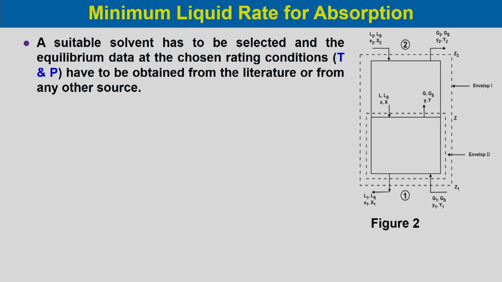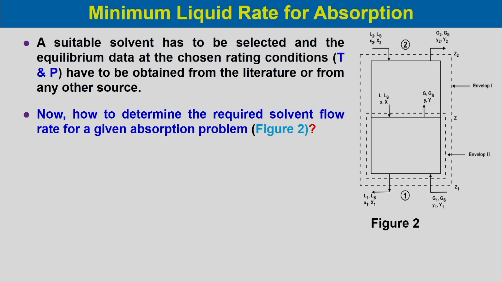So, once these are in place, now how to determine the required solvent flow rate for a given absorption problem. For the figure shown over here, we have to find out how to calculate the minimum solvent rate for a given absorption problem.